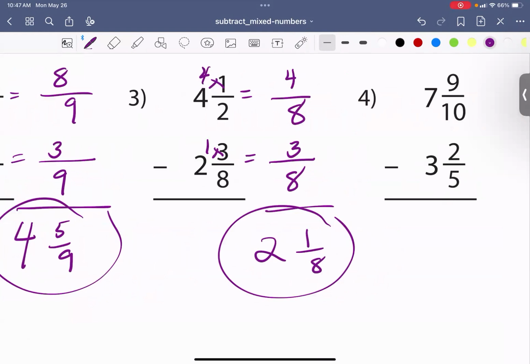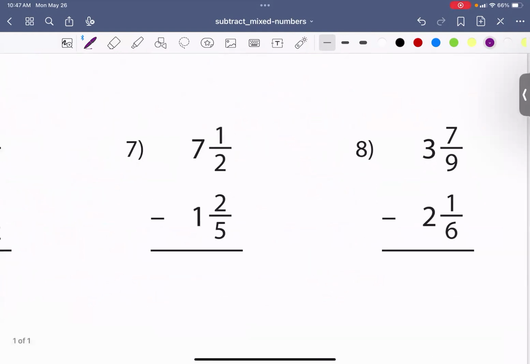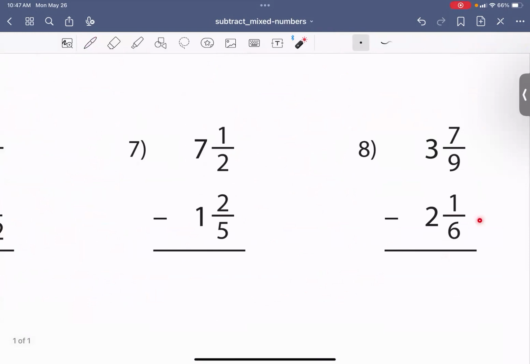Let's do one more. 3 and 7/9 minus 2 and 1/6. When I find the least common multiple, it's going to be 18.